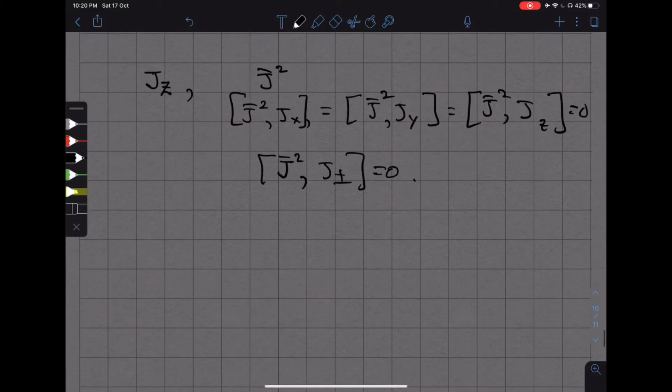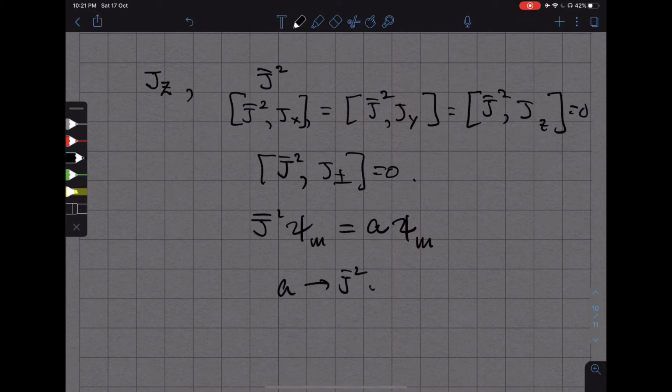So that means that if I find the eigenvalue of, say, psi m, and suppose this eigenvalue is something, let's call it A, then this eigenvalue A will be the J squared eigenvalue of all the psi m in the multiplet, in the Hilbert space that we have derived.